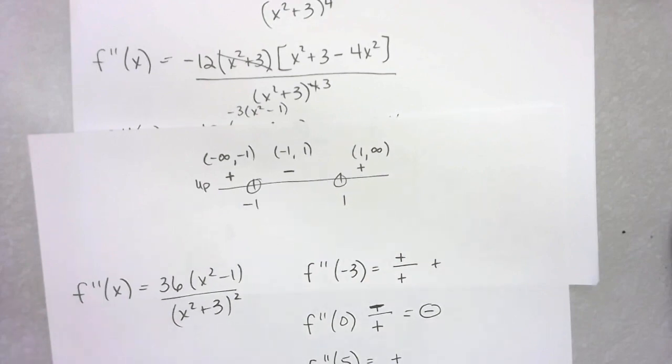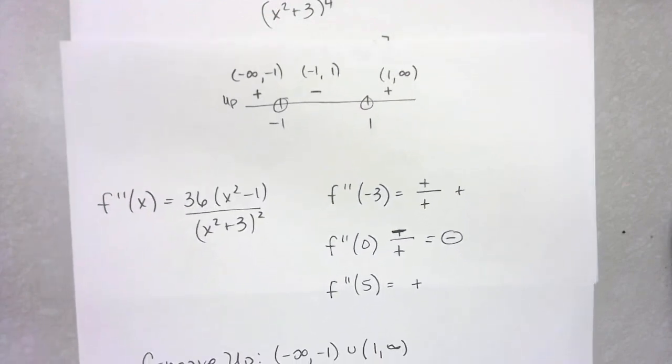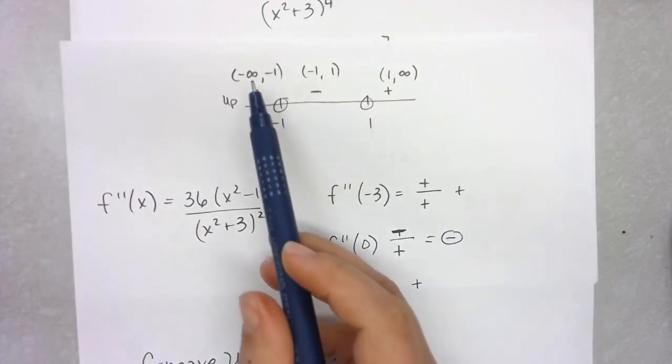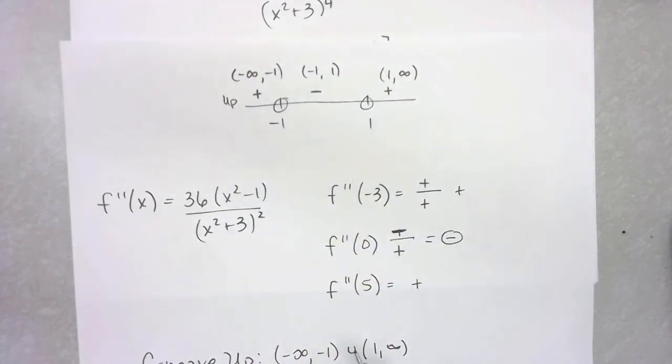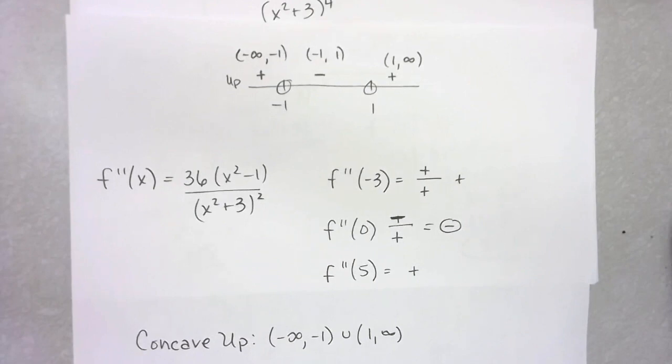So I'm concave up between negative infinity and negative 1, and 1 to positive infinity. So this one and this one, and I just put this little u in between them to hook them together. Then it's concave down in the middle between negative 1 and 1.